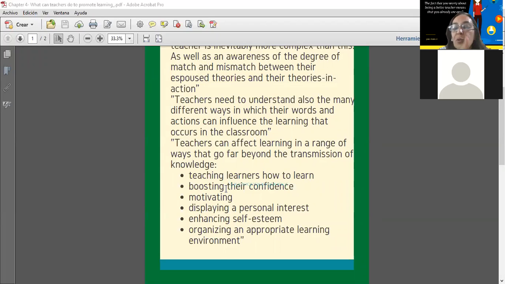And what did you do in order to attain that, Camila? For the warm-up, we ask questions. What did you do yesterday? Did you do your homework? And questions like that. And we wanted to motivate them. We didn't think about boosting their confidence or displaying personal interest. That was not in our minds.